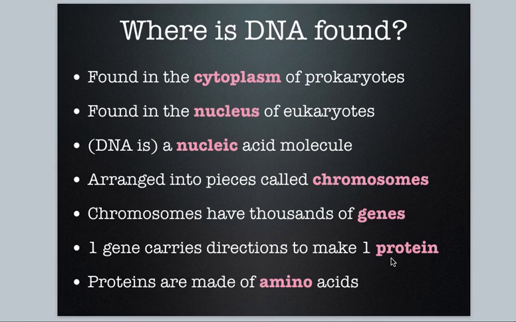Whether your hair is really thin or fine versus really thick or coarse, that's a different gene also. So there are all different kinds of genes, even just for hair color. Also skin color, how tall you're going to be, what color your eyes are, whether you're a fast runner or a slow runner, that's all coded for by your proteins, your genes.